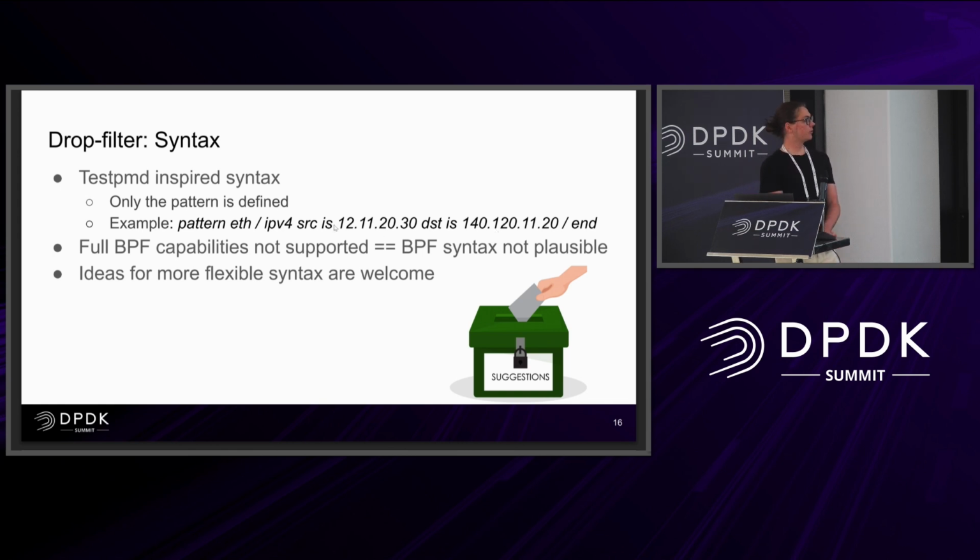As we do not support full BPF capabilities, we didn't go with the BPF syntax, but we are still brainstorming about how we could improve the syntax. So if you have any ideas, feel free to let me know after, and I will be grateful.